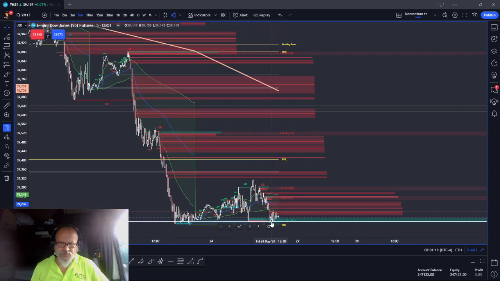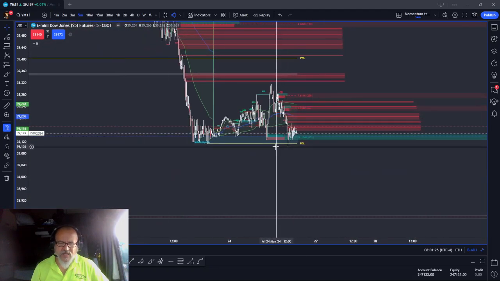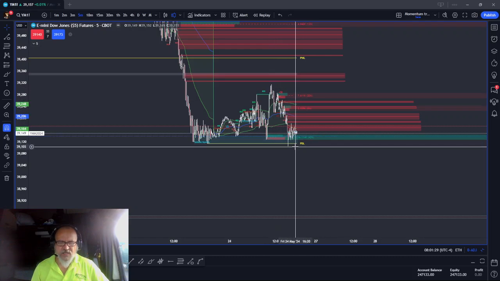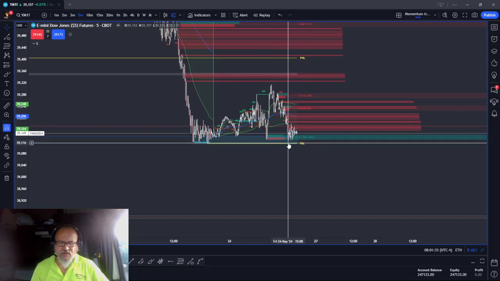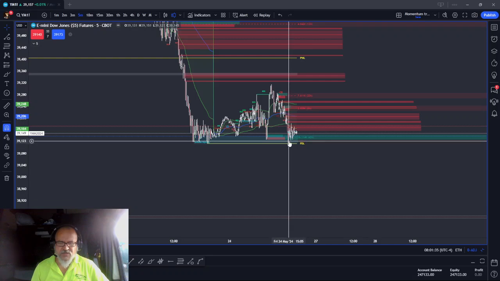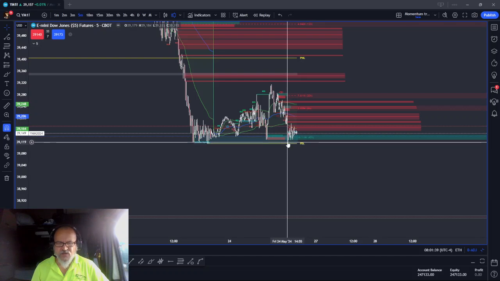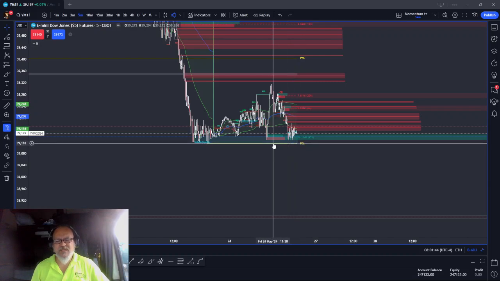So like I said, we did take out the sell side on the 5 minute. We had our manipulation move, took out sell side liquidity, took out the previous day's low, but we did not disperse through it, and that happened at 3 o'clock. So it had an hour to actually make a strong move, but it did not.